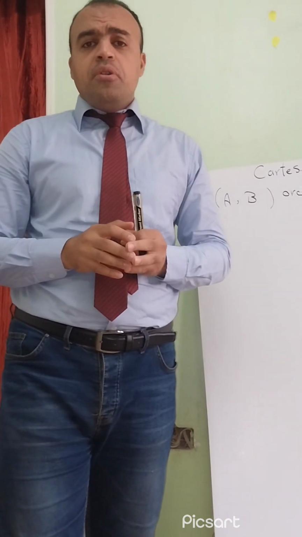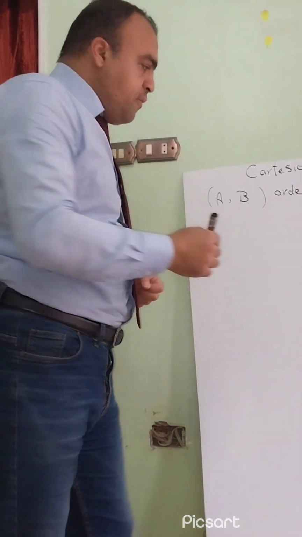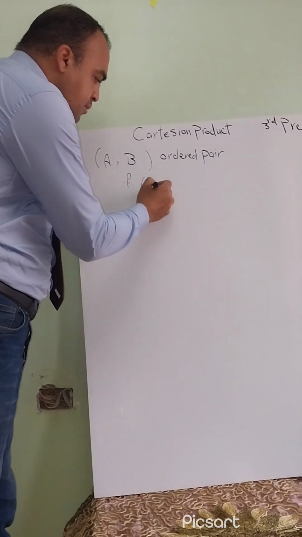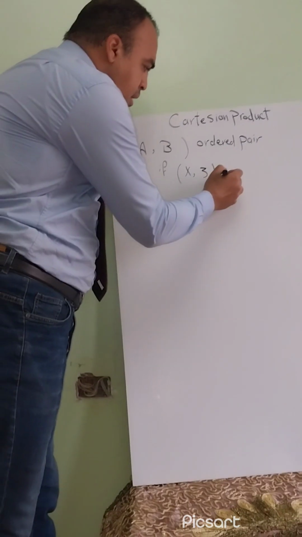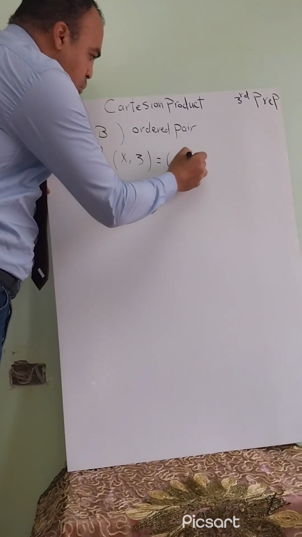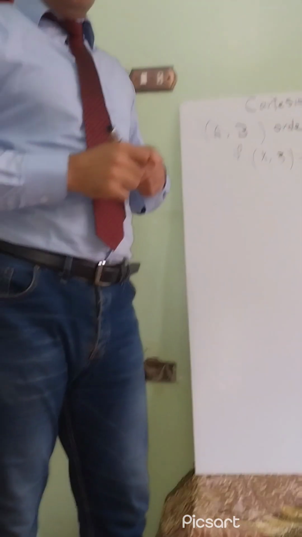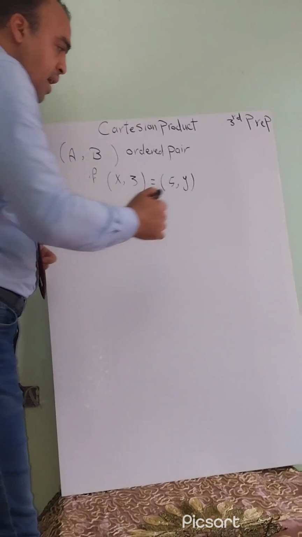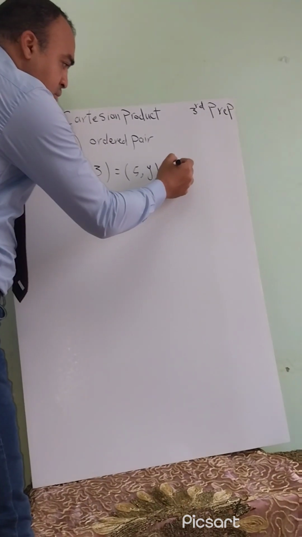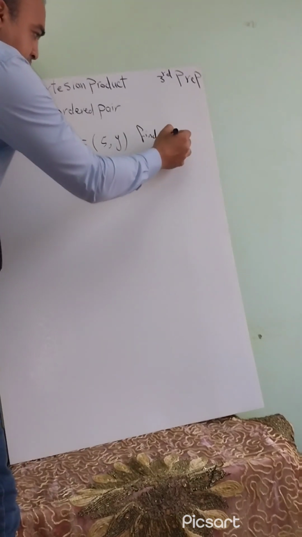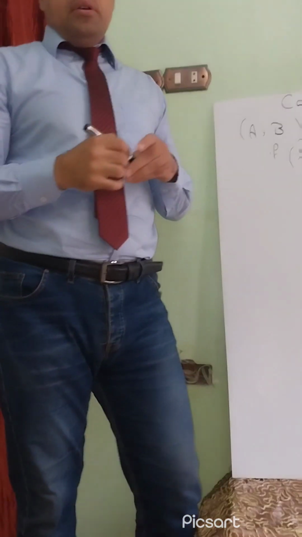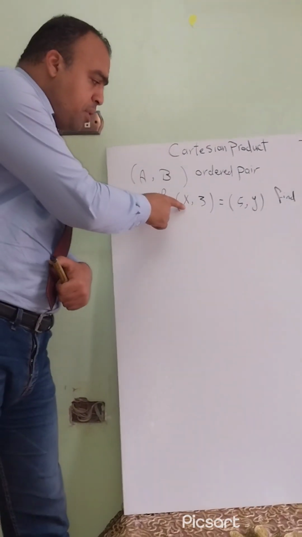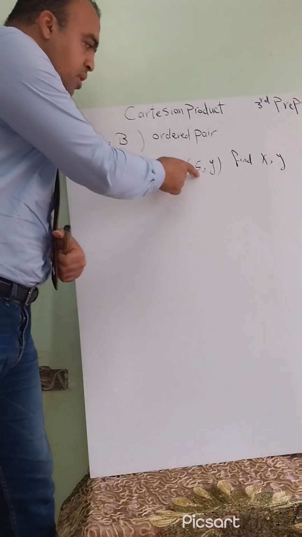If I have the ordered pair x and 3 equals the ordered pair 5 and y, and he asked me to find the value of x and y, how can I get x and y? The ordered pair x and 3 equals the ordered pair 5 and y.